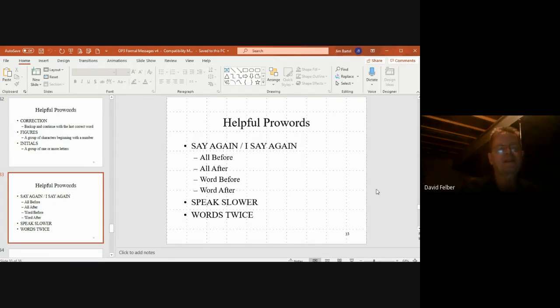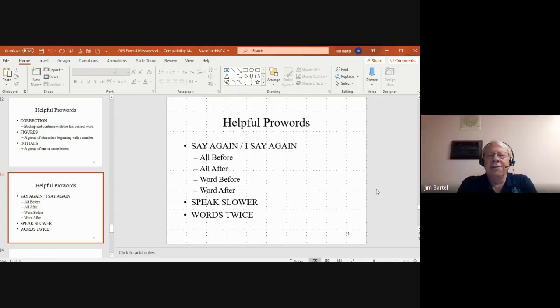That's usually necessary sometimes on HF. Let me add here that when we talk about words twice, yes, you're going to be saying every word twice, but you're going to be breaking a message up into no more than 3 or 4 words. So say the 3 or 4 words, pause, then say those same 3 or 4 words over again, and then move on to the next 3 or 4 words.